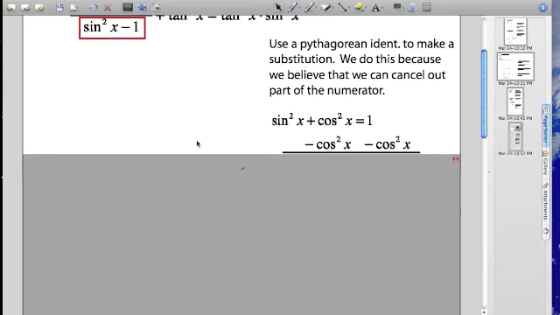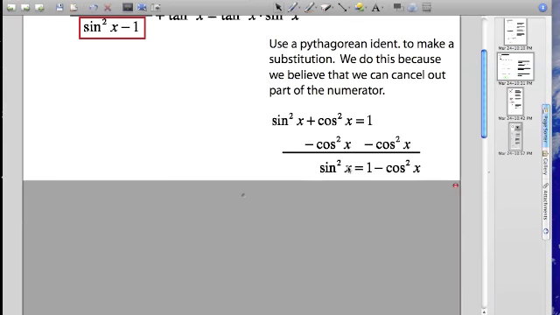So the first thing we're going to do, and I'm going to show you the conversion if you haven't seen this already. I start off with sine squared x plus cosine squared x equals 1. I'm going to subtract cosine squared x from both sides of my equation, and I'll end up with this. Sine squared x equals 1 minus cosine squared x, because the cosines cancel out here, and so I'm left with this part. Not quite there yet.